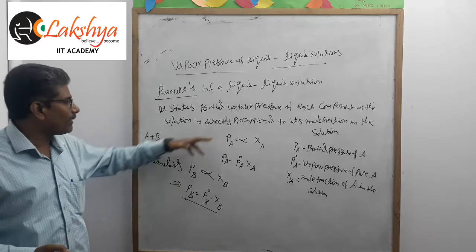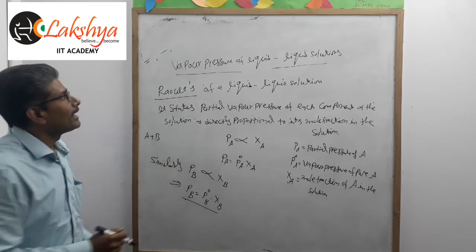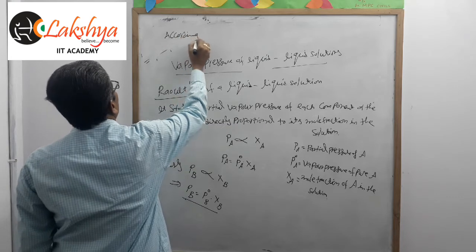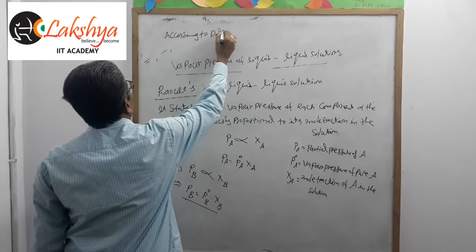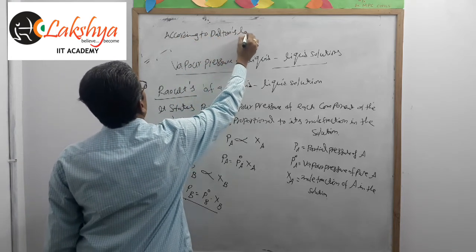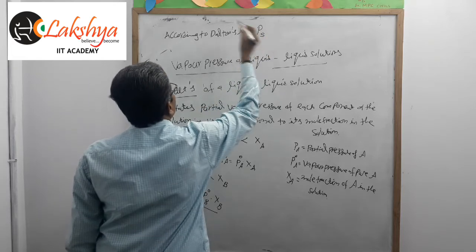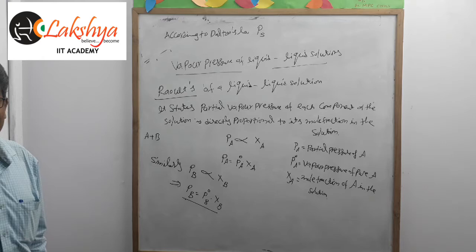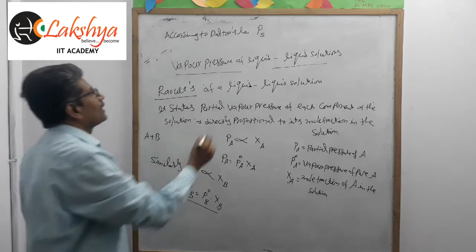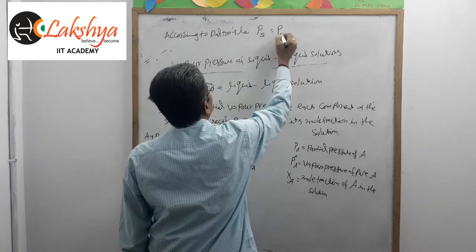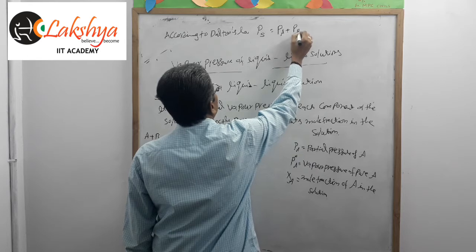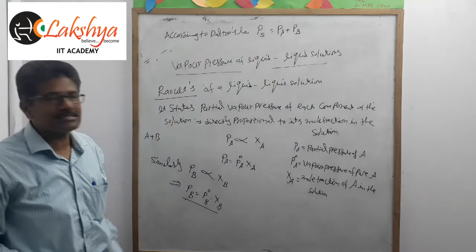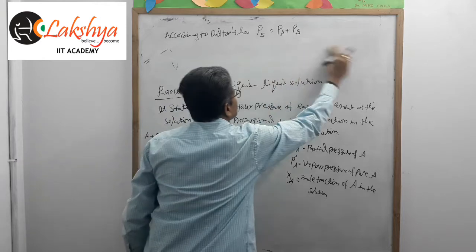So, these are the two liquids' vapor pressures in the mixture. According to Dalton's law, PS is called the total vapor pressure of the solution, and PS is equal to PA plus PB.